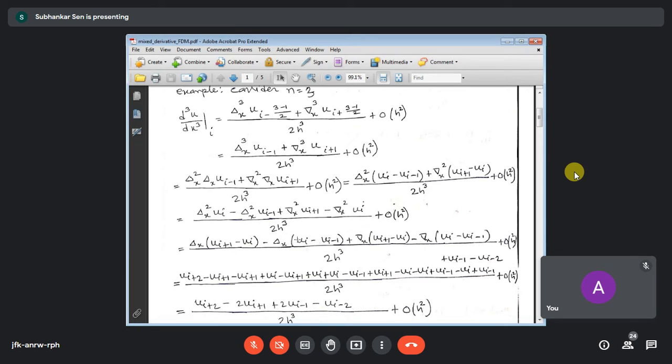This is the forward difference expansion. Now we are left with the third term. We are expanding it here by the backward difference formula. If you go by the backward difference formula, this backward difference is u(i-1). So it is u(i+1), so u(i+1) minus u(i+1-1).